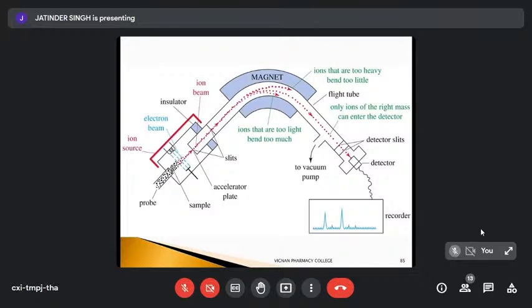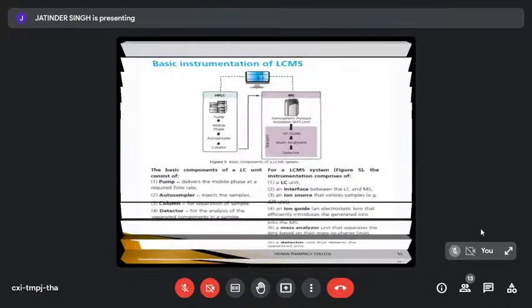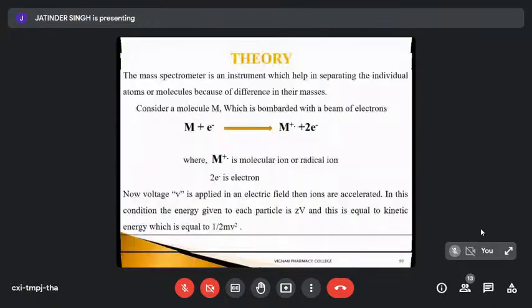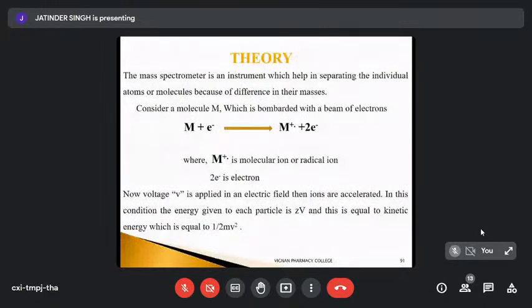is the basic principle. When the electrons are produced and they bombard the sample, ionization is produced. Like you have an atom or molecule, you bombard it with an electron, then a molecular ion is produced.